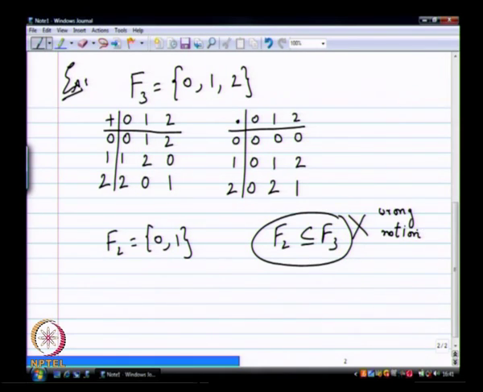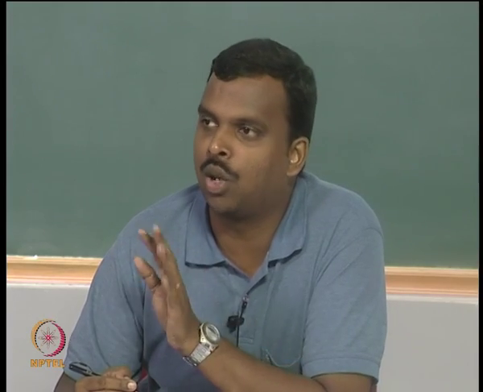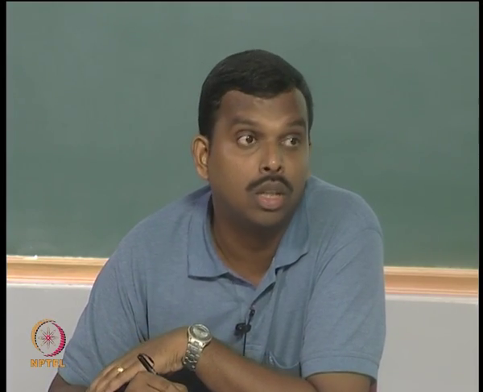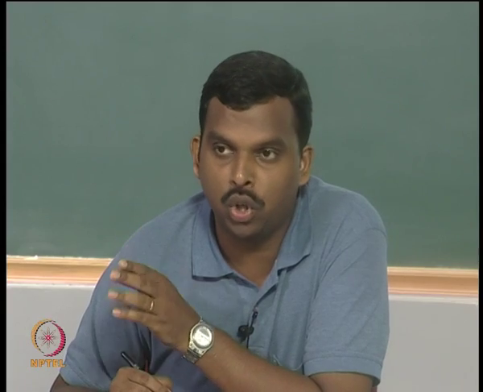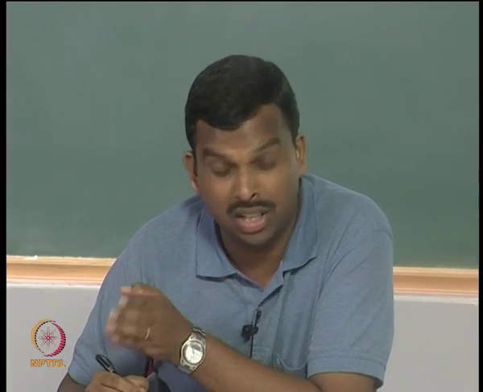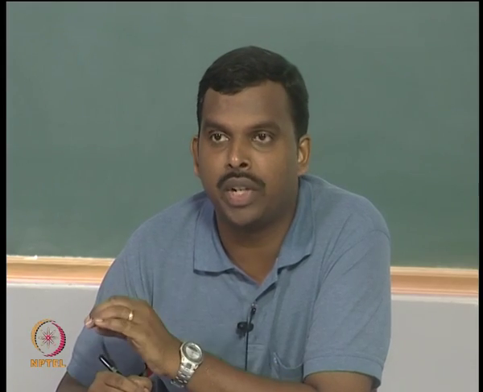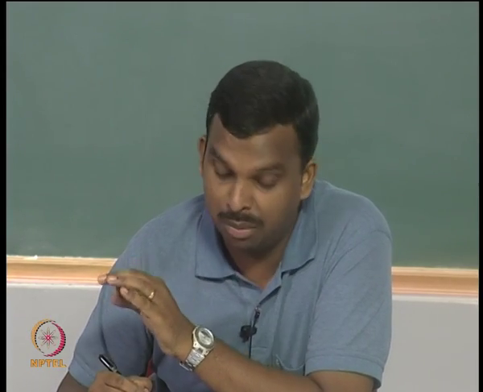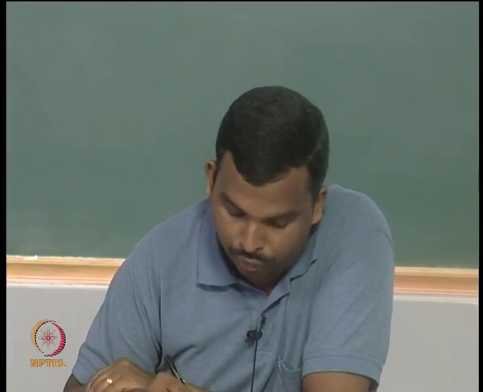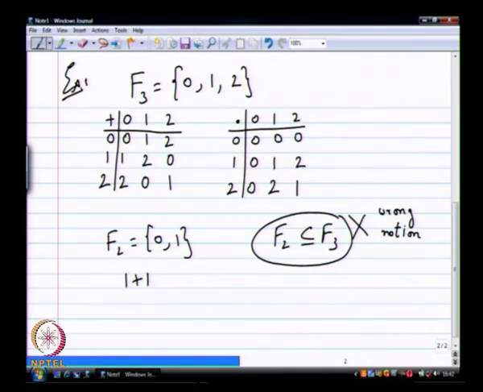The set 0, 1, of course you can imagine the integer subset 0, 1 definitely is contained in the integer subset 0, 1, 2. As long as you are thinking of integer addition, all that is fine. But when I say F2, I am assuming addition modulo 2. When I say F3, I am assuming addition modulo 3. So the operations are different, and that makes the elements also different. For instance, in F2, what would happen to 1 plus 1?